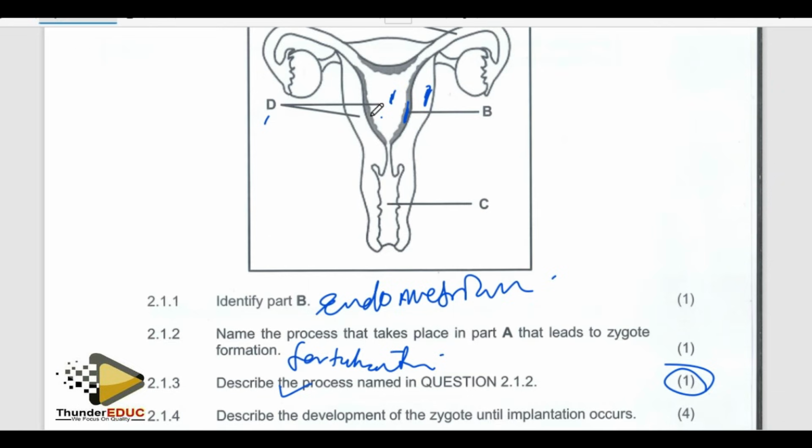Don't forget that you start with the sperm, and the ovum. So, when the sperm and the ovum fertilize, you form a zygote. Now, that is very small, in such a way that you can't even see it.